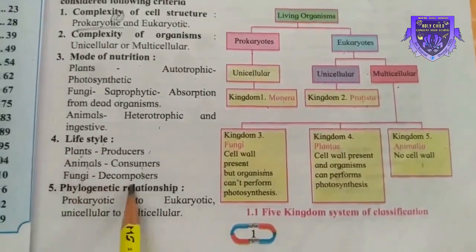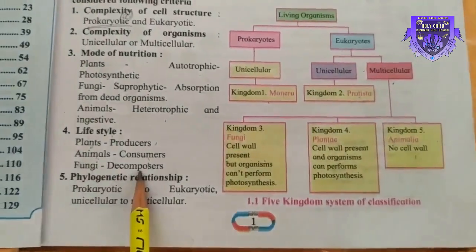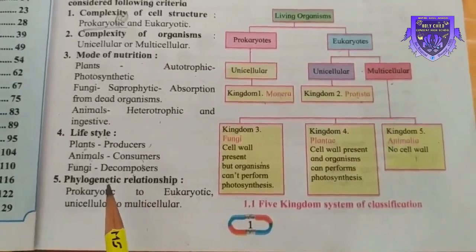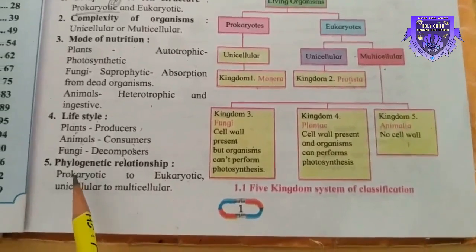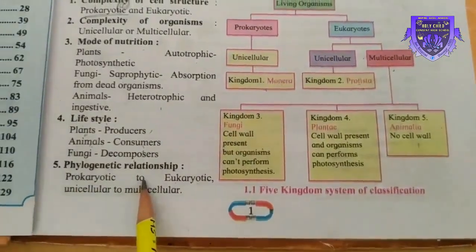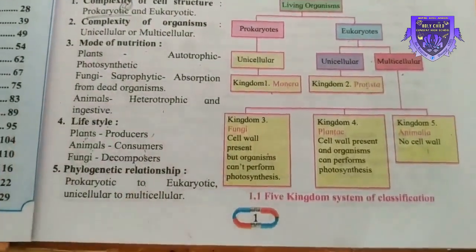And fungi are decomposers, means they are saprophytic, they depend for their food requirement on dead and decaying organisms. And the 5th classification base is the phylogenetic relationship. Phylogenetic relationship means whether it is in transition period or not.